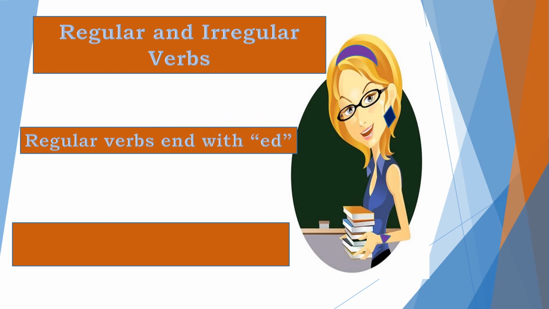Regular verbs in the past simple tense, they just end with an ed. The verb and we just add ed to the end. For example, we have here, she washed all the dishes last night. The main verb is wash in the base form, and then when we put it in the past simple tense, we use the ed. That's it.